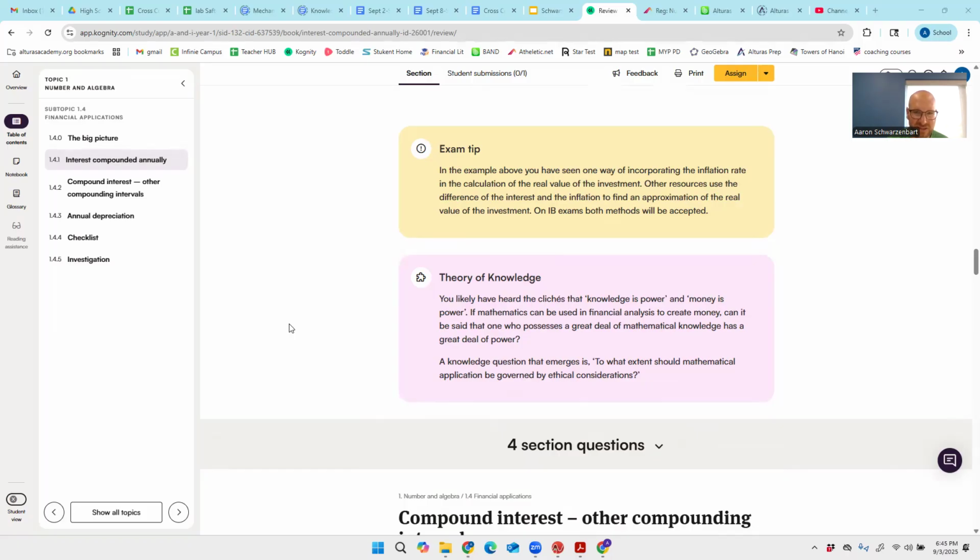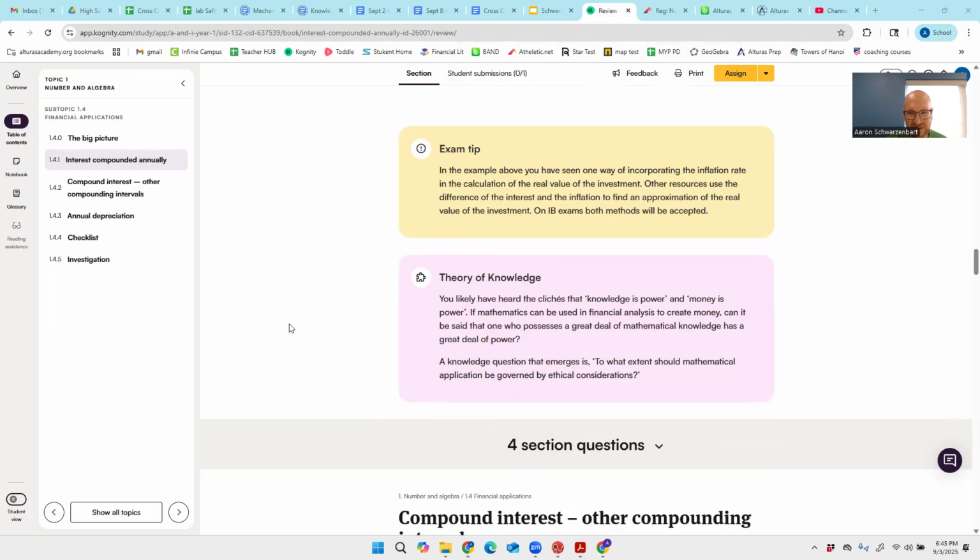Theory of knowledge connection. Think about this. We have to think about theory of knowledge and how the knowledge we're doing actually applies. You've likely heard cliches like knowledge is power and money is power. If mathematics can be used in financial analysis to create money, can it be said that one who possesses a great deal of mathematical knowledge has a great deal of power?